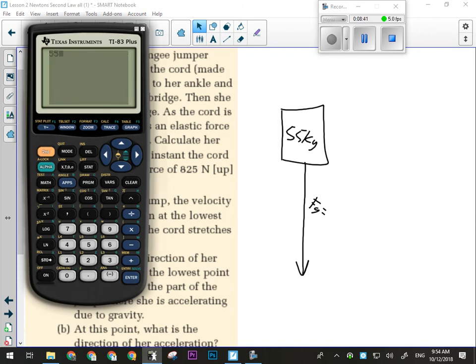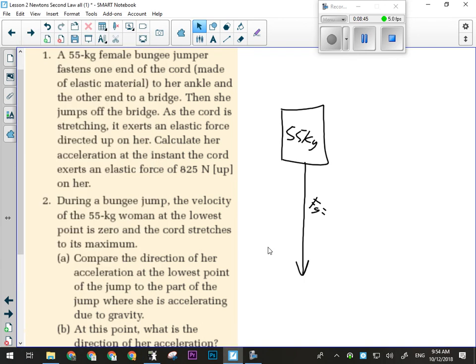So we'll have 55 times 9.81, which will give us 539.55 newtons. And they tell us that the force upwards from the bungee cord is 825 newtons. So obviously my lines are not to scale here, but we got 825 newtons up.